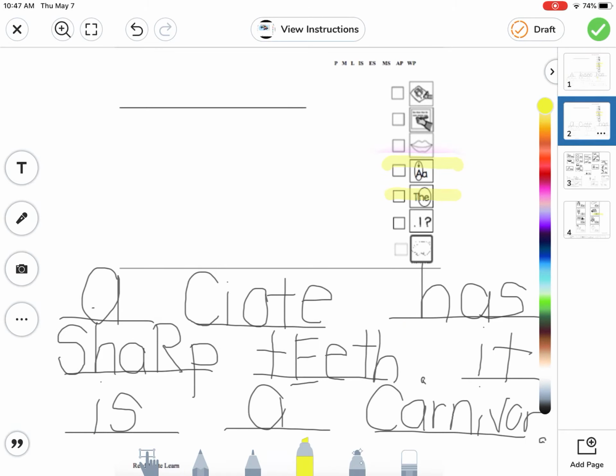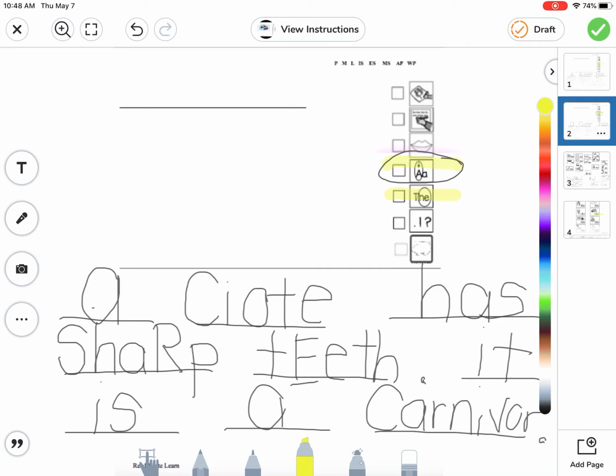All right, since we're focusing on writing super facts and checking for uppercase letters at the start of our sentence and lowercase letters the rest of the way, I wrote two more sentences on the next page. It says, a coyote has sharp teeth. It is a carnivore. Can you help me edit this page? The first thing we're going to do is look at our boxes, and we are going to check that we are starting with uppercase letters at the beginning of each sentence.